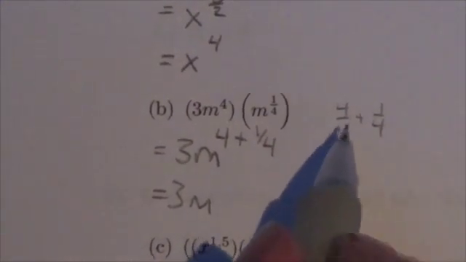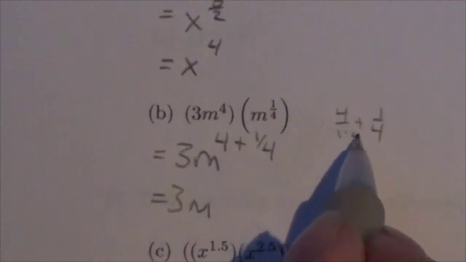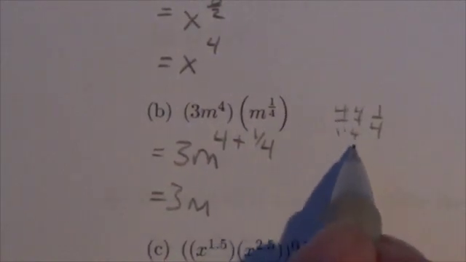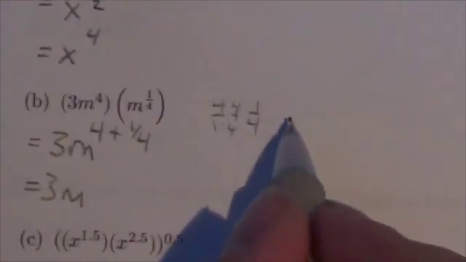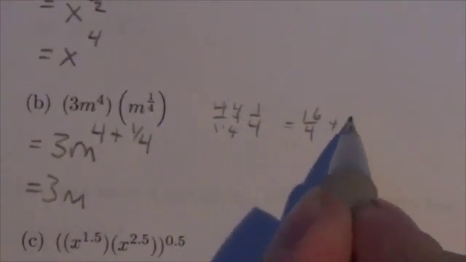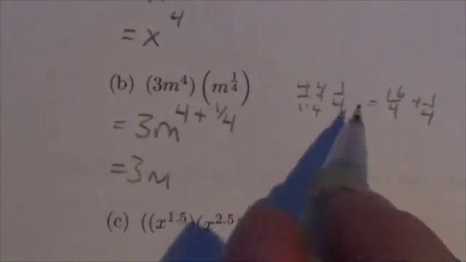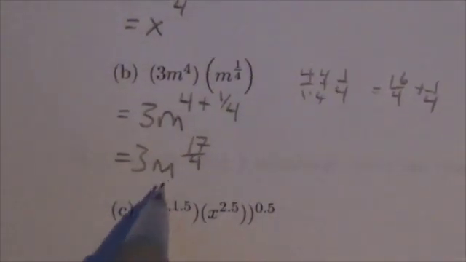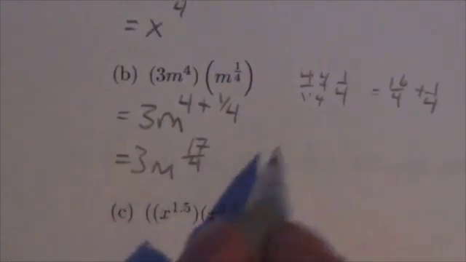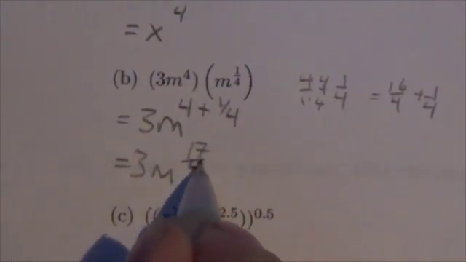The common denominator here is going to be 4, so I got to multiply this by 4 to get 4 in the denominator. So this becomes 16 over 4 plus 1 over 4. And so my answer is 17 over 4. So 3 times m to the 17 over 4. Make sure you see that as a 4.